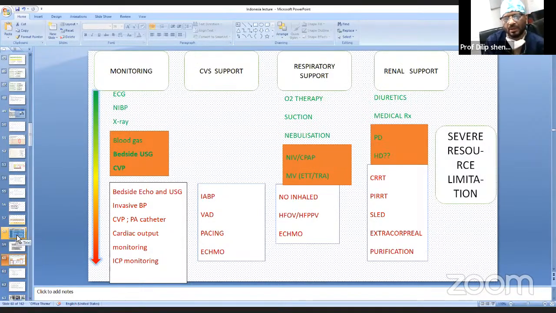So let us see what all we can do in various setups. Resource limitation setup: monitoring, cardiovascular support, respiratory support, and renal support.